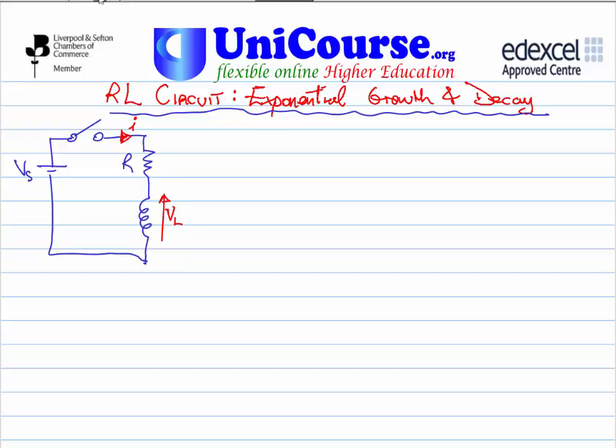Okay, let's draw some axes in. I'd like to draw some analysis for the current. So current I on the vertical, here's the origin, here's time, and what we're hoping to see is some exponential growth in the current, looking like this, and that should reach a maximum asymptotically, or plateau if you like, and that maximum value will be given by the supply voltage divided by the resistor value.